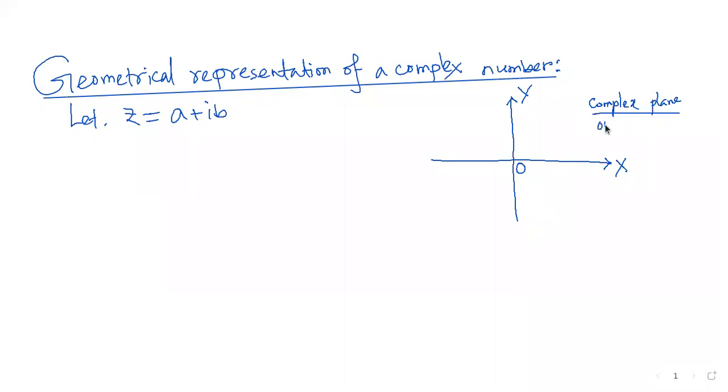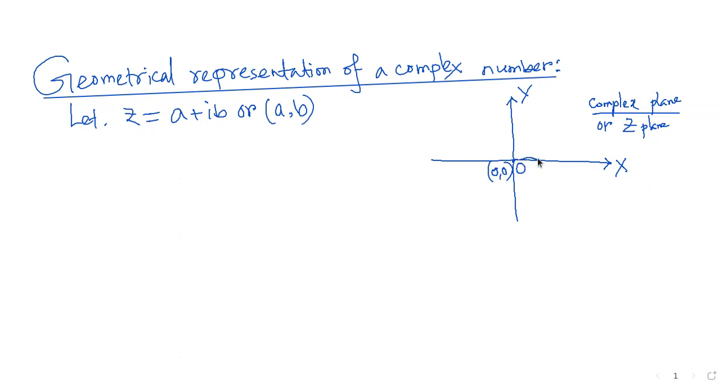Or sometimes we call it the z plane. Z plane means we always represent a complex number as z. For this reason, sometimes we call it the z plane or complex plane. So this is the origin, we know. The coordinate of the origin is 0, 0, and the complex number we can write as a comma b. a is the real part.